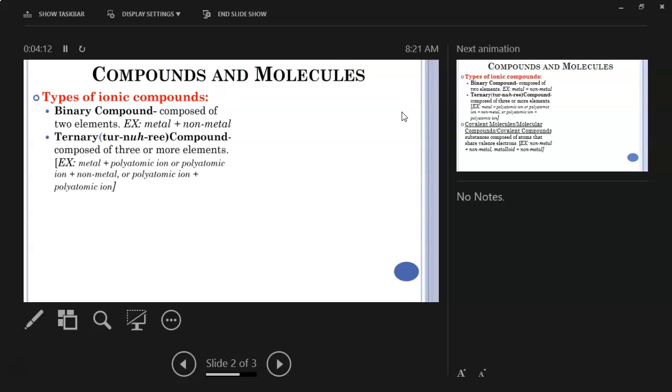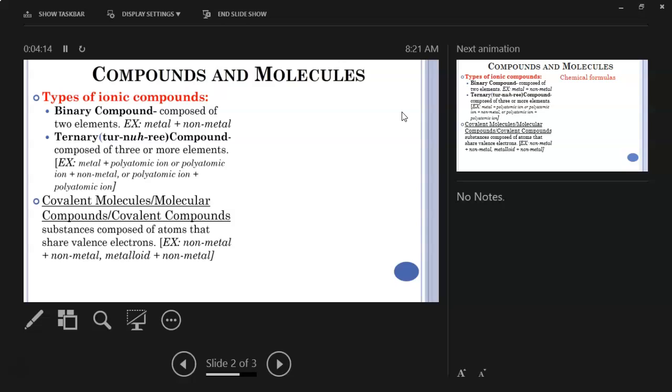I just want to, while we're talking about compounds and molecules, I do want to define, and there's several ways you can say this, okay? Molecules have several names. We can just call them a molecule. We could call them a covalent molecule. You might hear it called a molecular compound. You might call it a covalent compound.